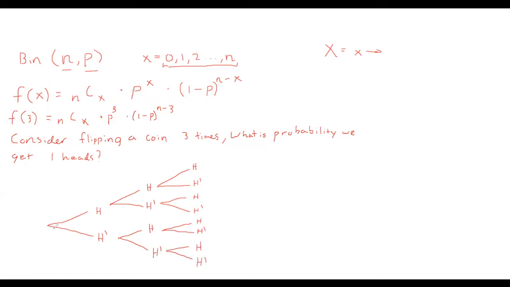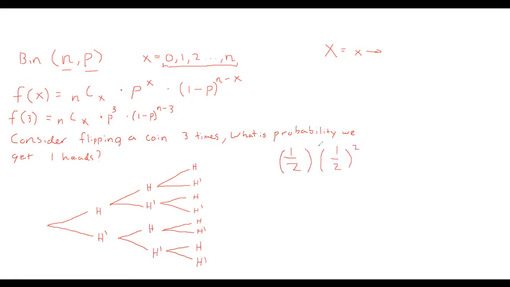And so this tree diagram is going to show us why we have the n choose x at the front. Intuitively speaking, if we flip a heads 1 time out of 3, that means that we flipped 1 heads, and that means we flipped the tail twice.